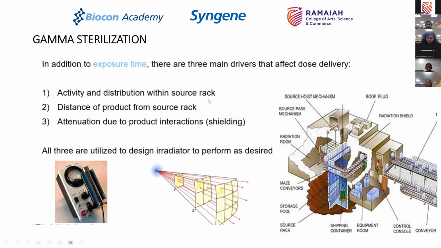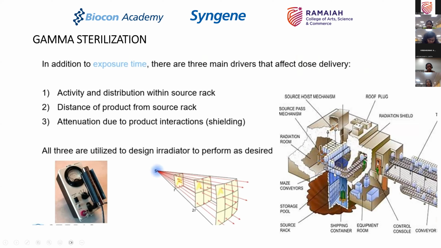So the activity and distribution within the source rack becomes very important. The distance of the product from the source rack becomes important because you are emitting these gamma rays from here in the upward direction where the products are moving on a conveyor belt. Okay, so it is very important that you keep this distance as low as possible.